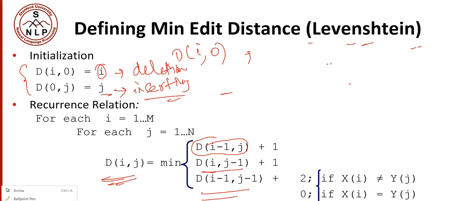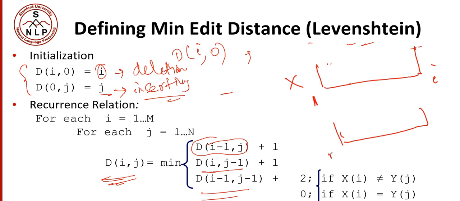In order to better understand this, let me say x is given by 1 to i and y is given by 1 to j. Now this is our i minus 1.